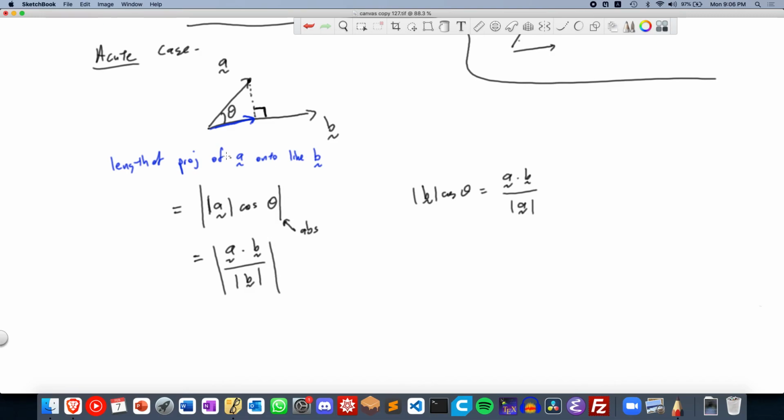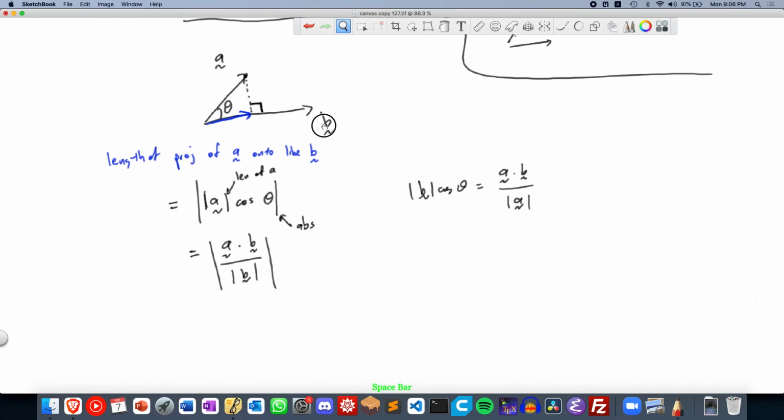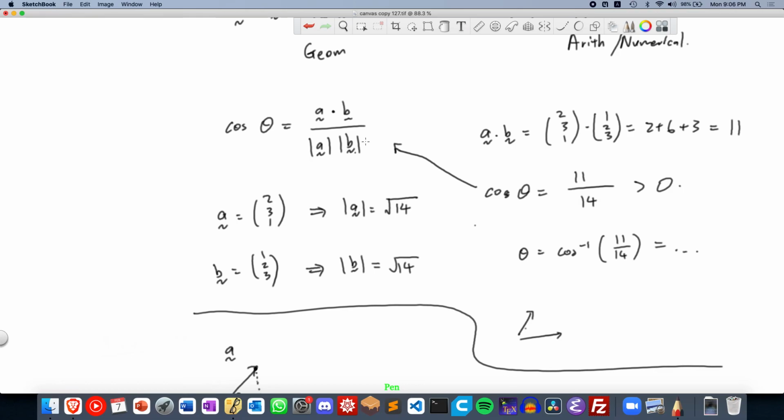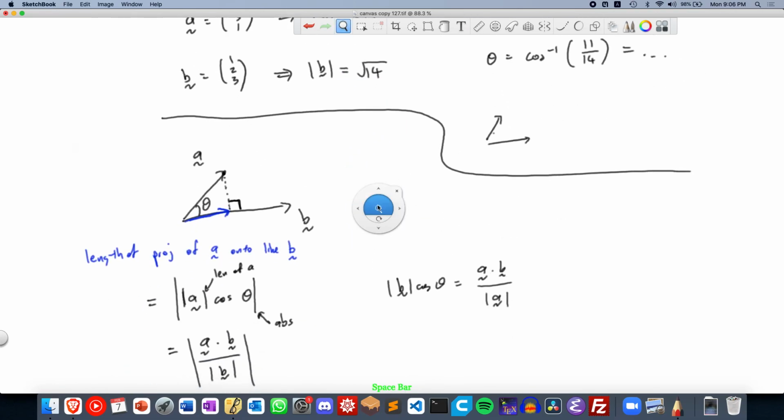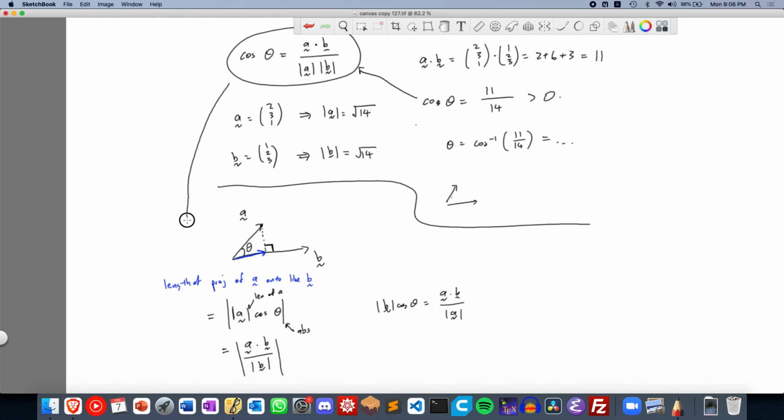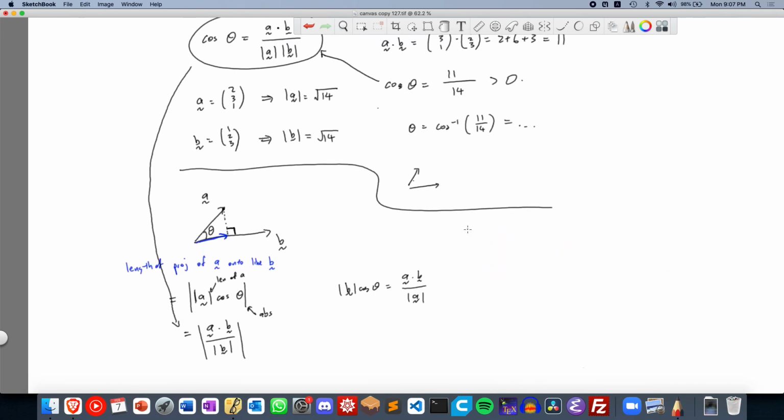So in general, the length of projection of a vector onto another vector or onto a line, we'll talk about lines in another video, is the absolute value of the length of the vector times the cosine of the angle, which by the dot product formula from above, we rearrange to obtain the absolute value of A dot B divided by the length of B.